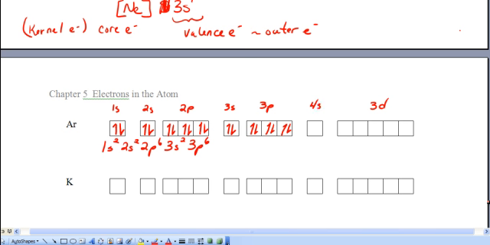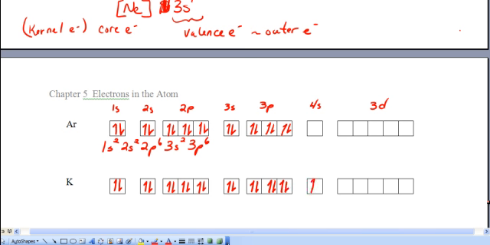Here's the 4s. I'm going to show you on the periodic table how you can predict this. You won't actually have to memorize this. But when you get to potassium, with the 19 electrons, you have 1, 2, 3, 4, 5, 6, 7, 8, 9, 10, 11, 12, 13, 14, 15, 16, 17, 18, and the last electron is going to go in the 4s.